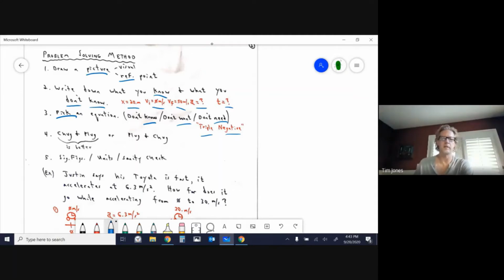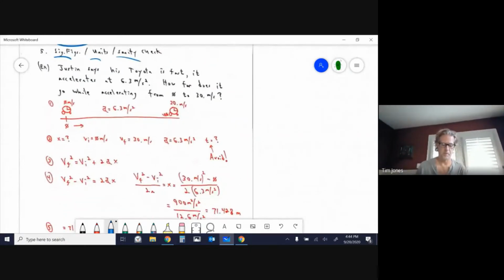Then, a lot of times you plug your numbers in and then you calculate the answer, but it's possible that the best way to do it is if you can pick your equation and do the algebra first and then plug in your numbers. It's a lot cleaner if you can do that. Either will work though. At the end, make sure you check sig figs, check your units, and do a sanity check. See if your answer makes any sense. That will often solve problems that arise.